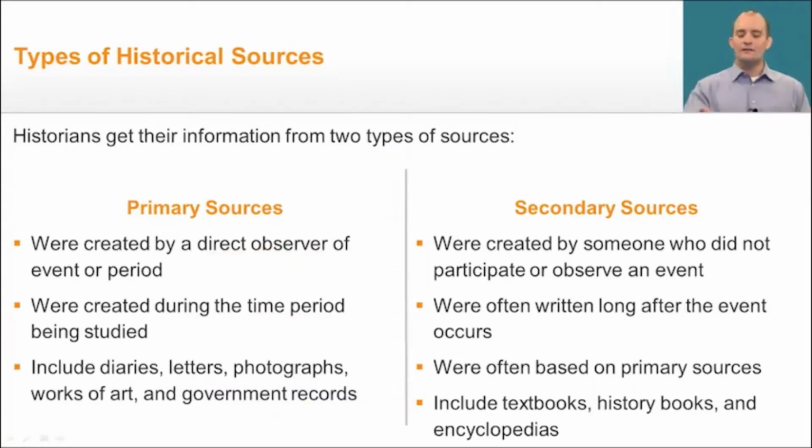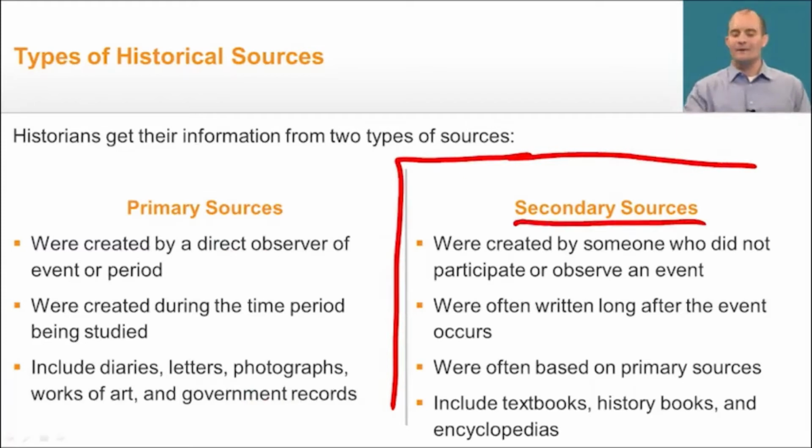Jumping over to the second type of source, these are secondary sources. Secondary sources were created by someone who did not participate or observe an event. In addition, they were often written long after the event occurred. Let's say, for example, someone releases a book currently about the fall of the Roman Empire.